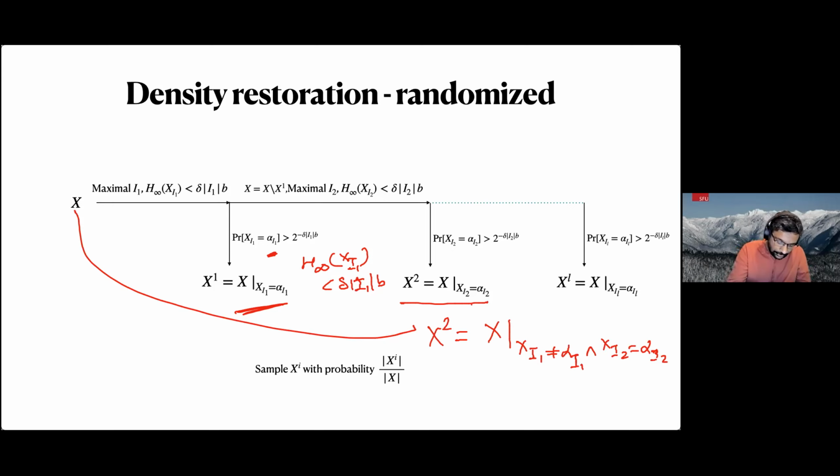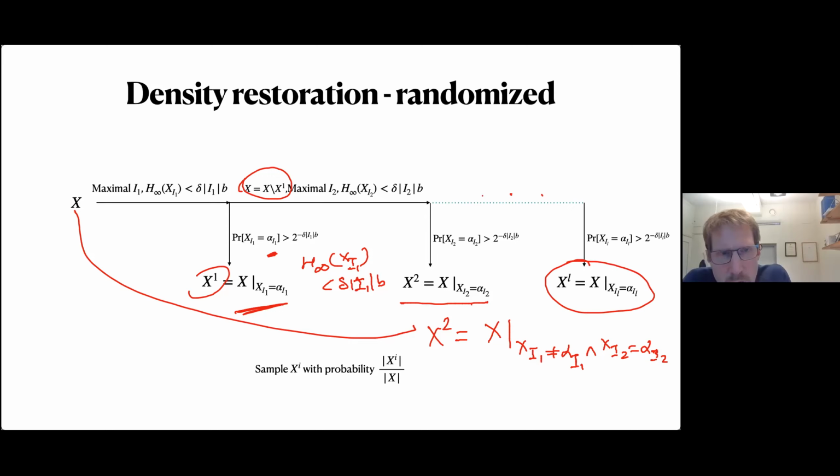So here we are excluding everything from X1; we'll only have those X's where X_I1 is different from alpha_1. And you do this until either the set X_L becomes too small, or the remaining set X minus X_L becomes dense.